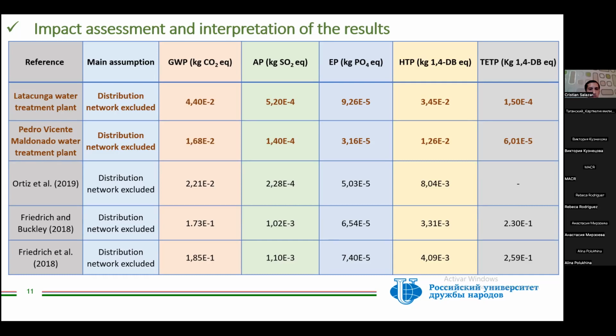Regarding the categories global warming potential, acidification potential, eutrophication potential, and human toxicity potential, the values of the study are either in the range or close to the literature values indicated for the traditional process.